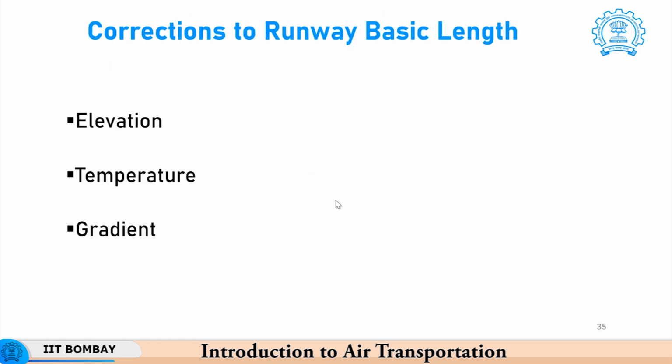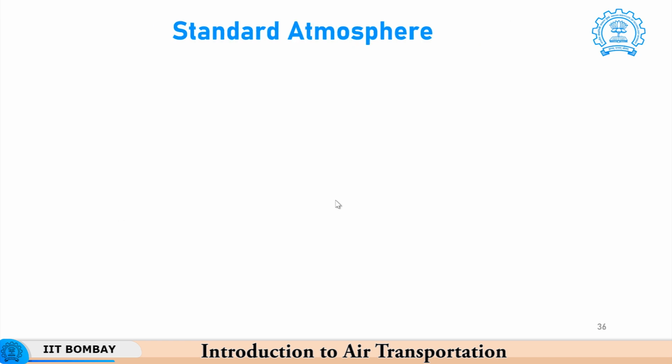Now, the runway length required by an aircraft changes with the airport elevation, with the temperature at the airport compared to the ambient conditions, and also the slope or gradient of the runway. So, we have to apply corrections to these, and the corrections have to be applied in this particular order.